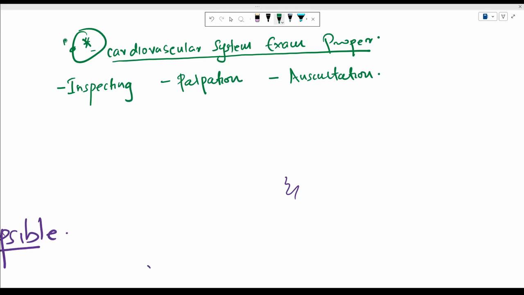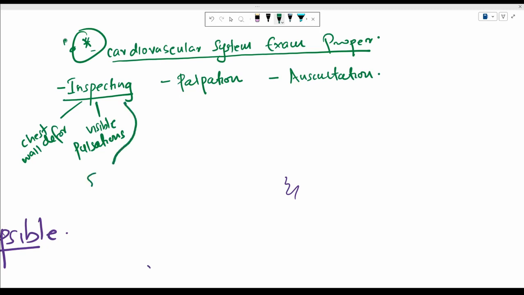Okay. So what are we trying to inspect? We are trying to inspect any chest wall deformities, like I mentioned. Next, any visible pulsations, like any visible apex beat or any visible pulsations in other auscultatory areas.